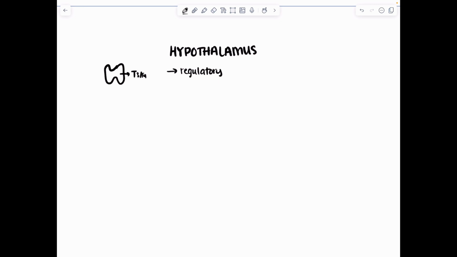Our hypothalamus up here in our brain is going to say to the pituitary, which we'll talk about in a second, yes, make it, or no, don't make it. And so this will not be created. This message won't be sent down without the hypothalamus saying, yep, you can do it, or no, you cannot do it. I'll go through feedback loops a little bit in lab in more detail. But it's regulatory, so it has regulatory hormones.